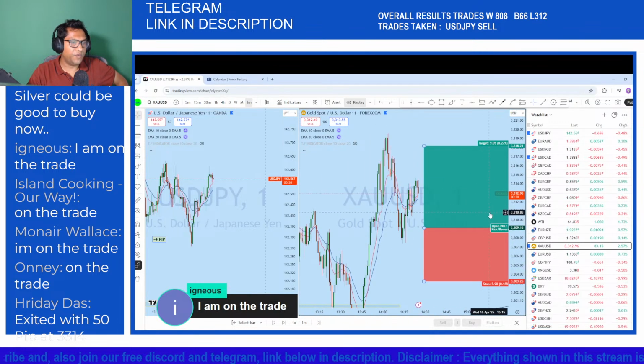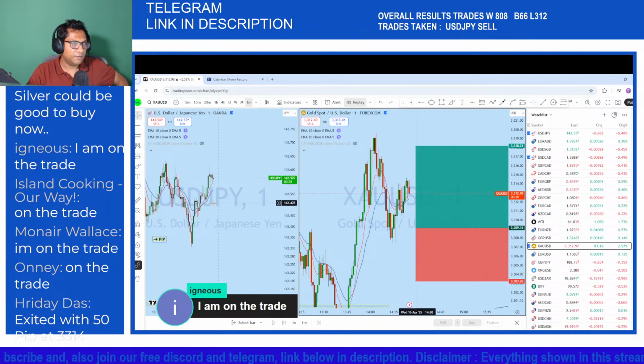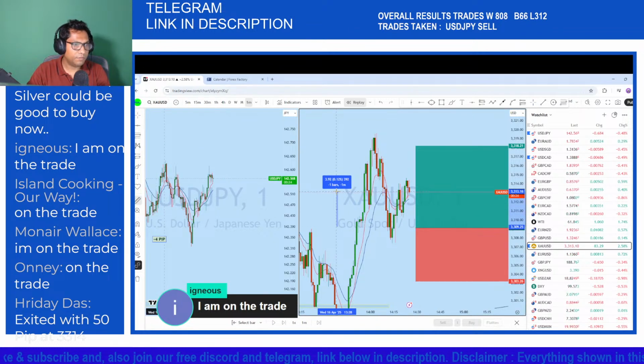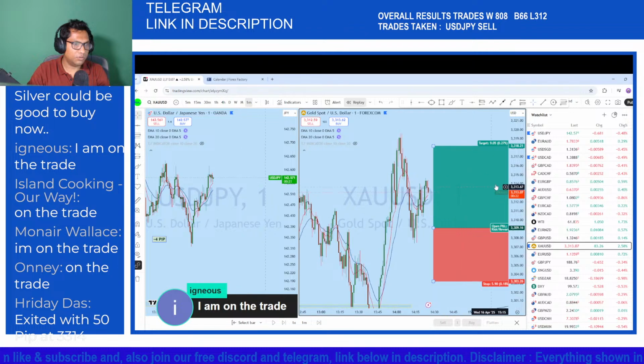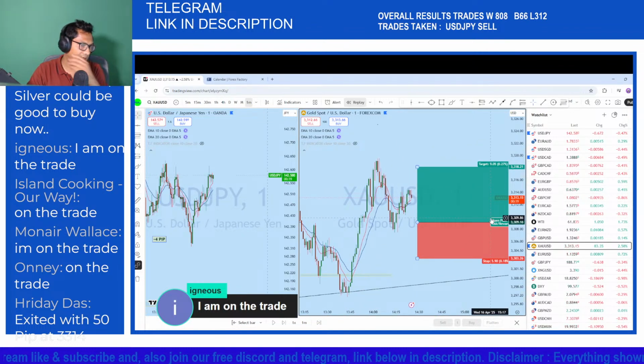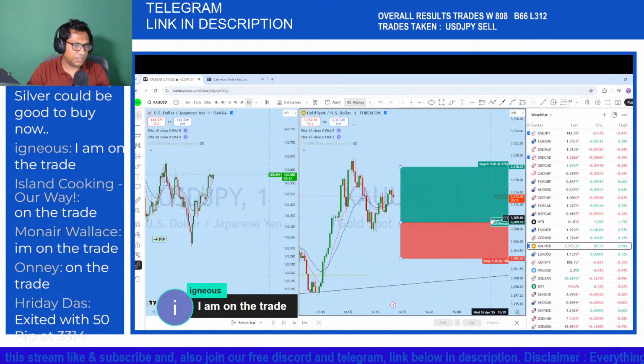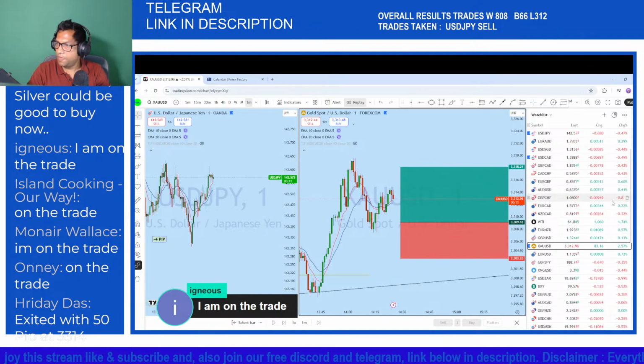If it is coming for a weak fill, then I will not be running it, because it might break again below. With around 37 pip profit we can exit, but still running in.